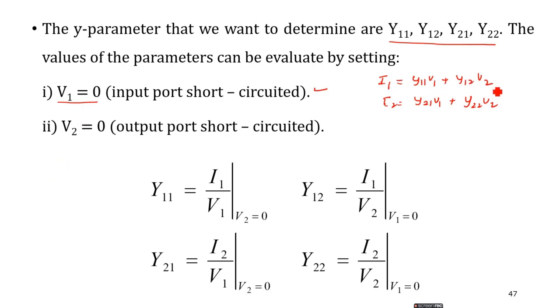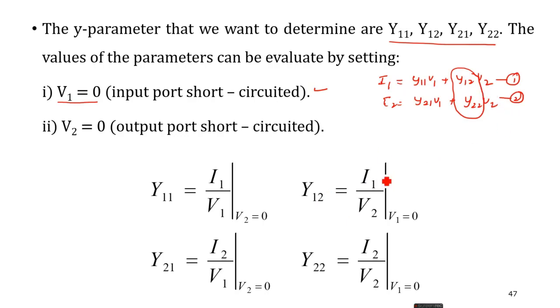In this equation, V1 is made 0. Voltage is 0 at the input side, so the meaning of this is that the input port is short circuited. If the input port is short circuited, we obtain expressions for these two values.